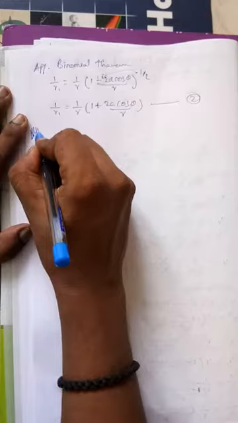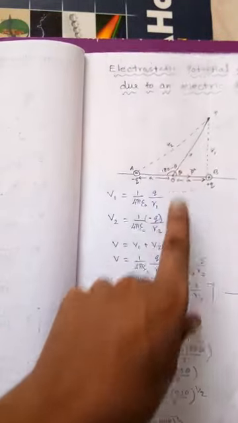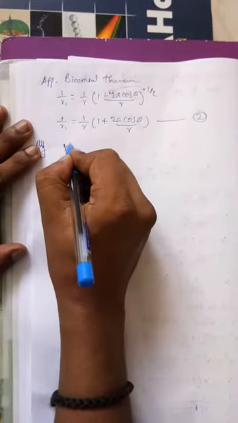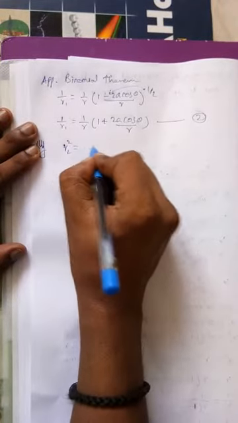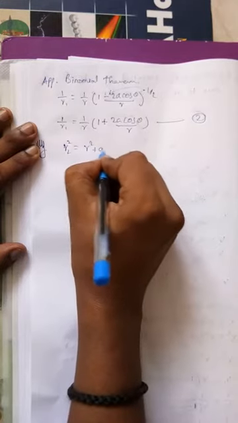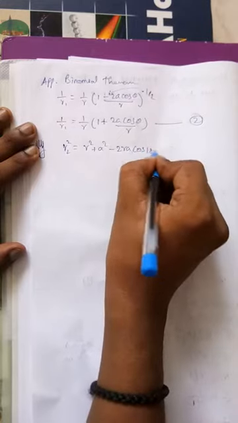This is the 1 by R1. Similarly, we want to find 1 by R2. So you take this side, R2 we want to find. So R2 square, applying cosine law, R2 square is equal to R square plus a square minus 2Ra cos (180 minus theta).